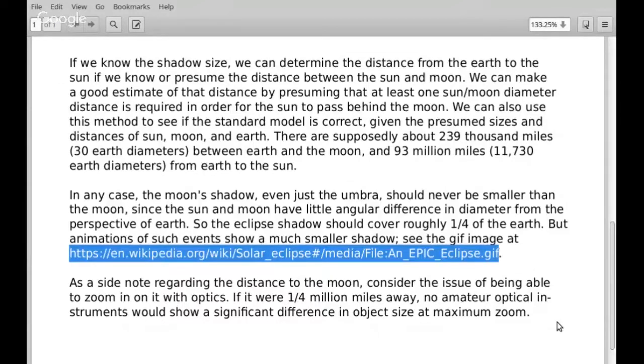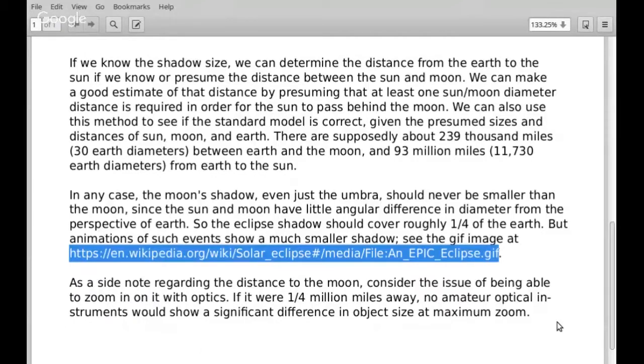So in other words, if you're going to zoom in on something that's 250,000 miles away, your camera or scope isn't going to make it that much bigger, especially something that's 1/4 of the size of the Earth. Yet we can zoom easily on the moon, even with a cheap camera, and its diameter changes very obviously. So it can't be that far away, given the size they tell us it is.